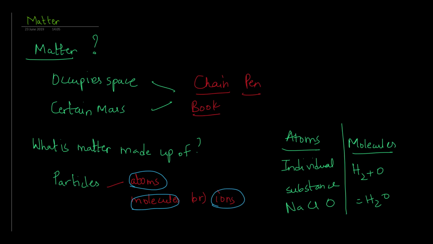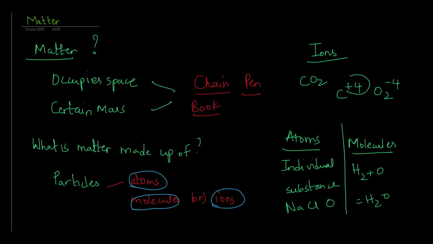Ions, in the sense, if there are gases, ions, gases. So consider a gas, be it carbon dioxide, it's a gas. So what are the ions present in it? The ions will be carbon plus 4, oxygen minus 4.